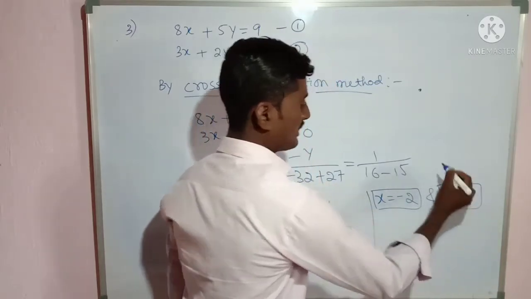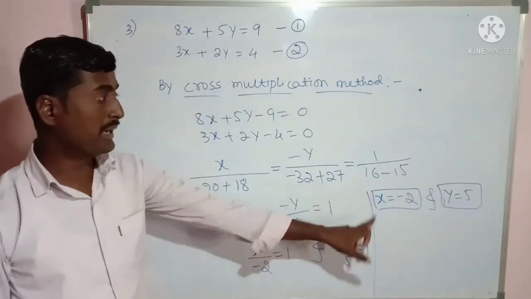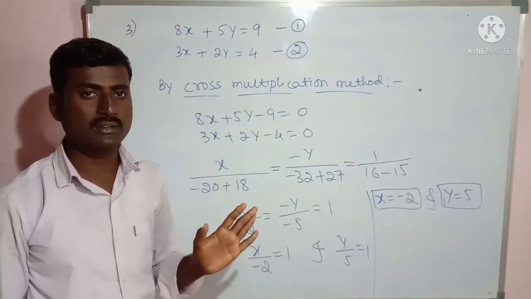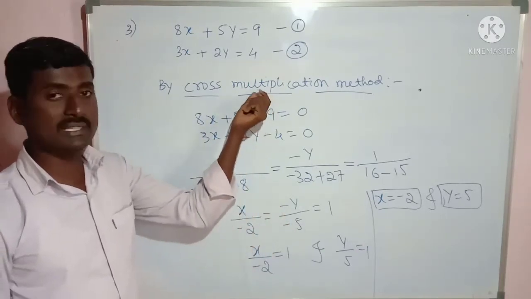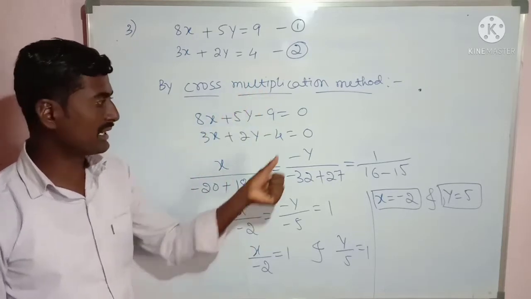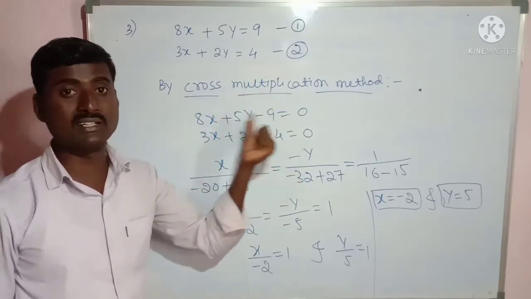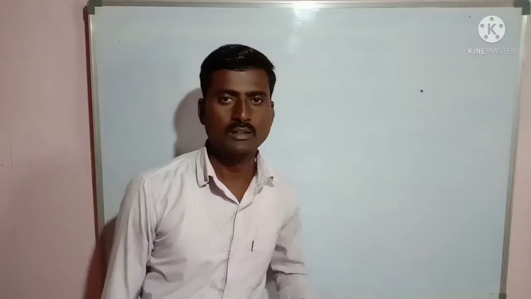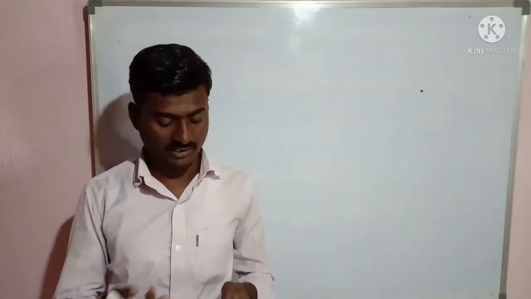So the same answers I got by the cross multiplication method as well as by the substitution method. But you should remember that you have to write it in standard form, ax plus by plus c equal to 0. Now we shall discuss the fourth main.